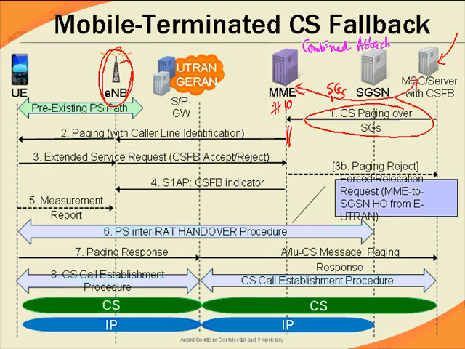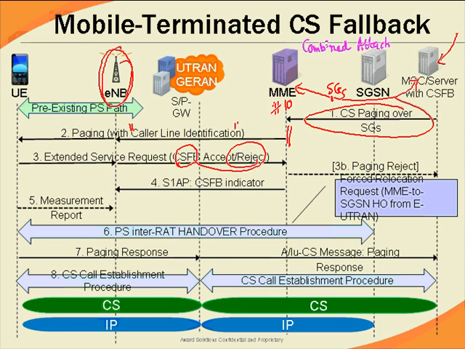Now there is a very nice feature available. Along with the page message, we indicate who is calling. So if the user does not want to respond to that specific call, then we can reject.